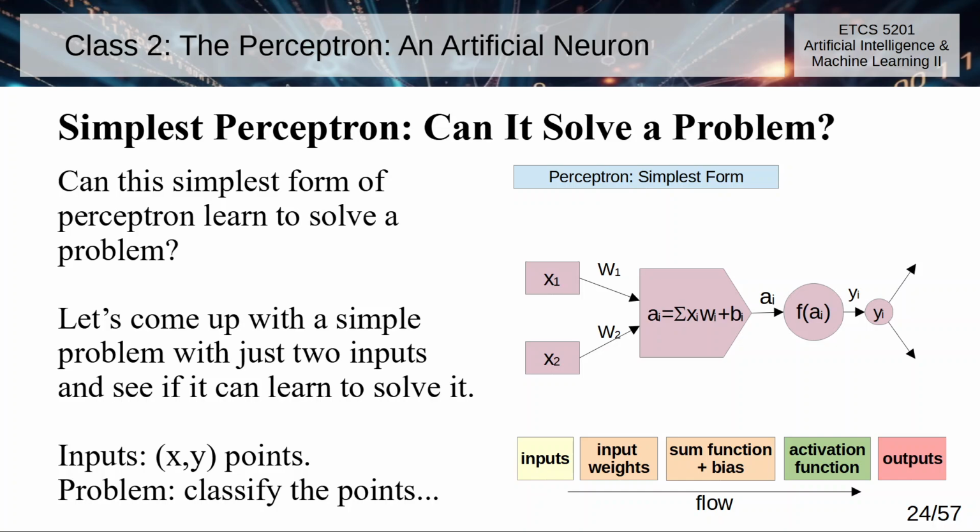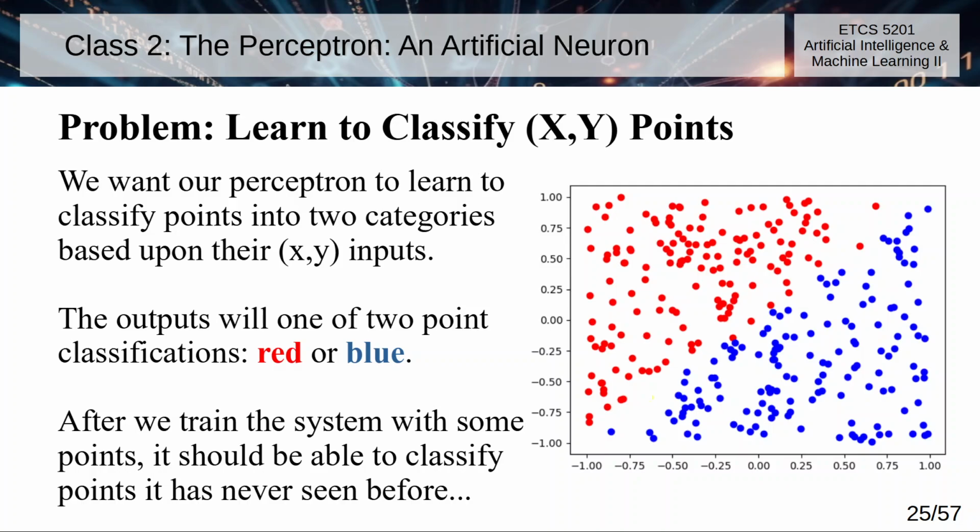It's the simplest kind of perceptron, a single cell simulation with only 2 inputs, an X and a Y. And we want it to sort out, is it a red or is it a blue point? So we're going to feed in an XY coordinate as those 2 inputs, and we want it to output one of 2 possibilities, either red or blue.